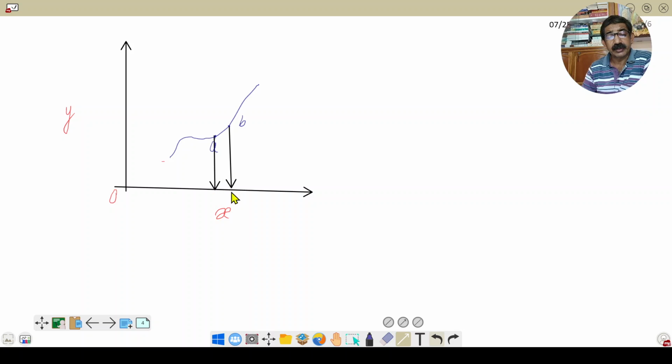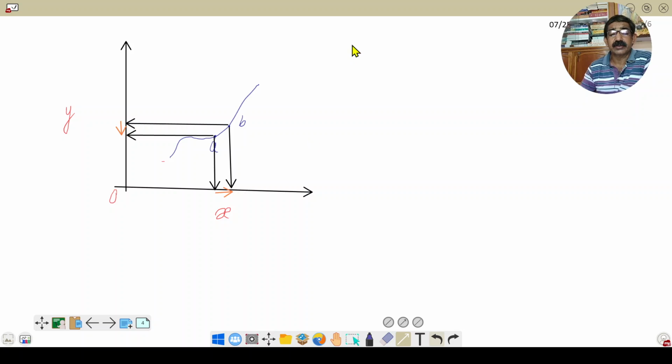So this is the change of x, and this is the change of y. This is the change of x from this point to this point. And we are giving a very small difference.